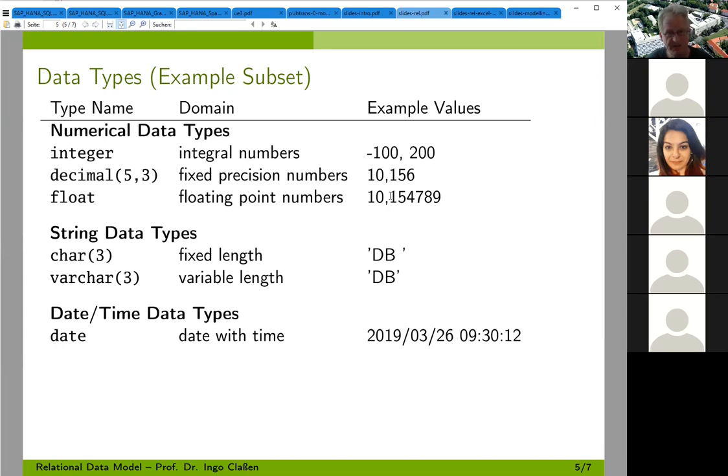Has anybody of you an idea what is the difference between fixed precision fractional numbers and floating point fractional numbers? Why they are there? That's not so easy to answer, of course. In fixed precision numbers, we limit the numbers that can come after the decimal, maybe to increase the computational speed as well as reduce the complexity.